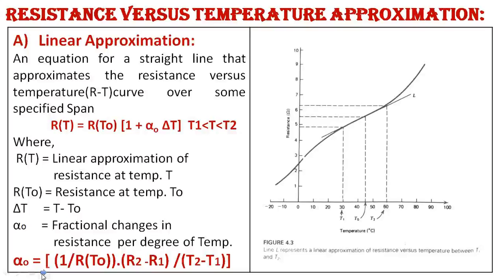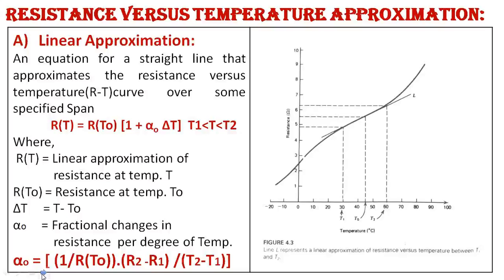RT is the linear approximation of resistance at temperature T, RT0 is the resistance at the initial temperature T0, and the change in temperature is T minus T0. And alpha 0 is the fractional change in resistance per degree of temperature. So alpha 0 is equal to 1 upon the initial resistance RT0 into R2 minus R1 upon T2 minus T1.